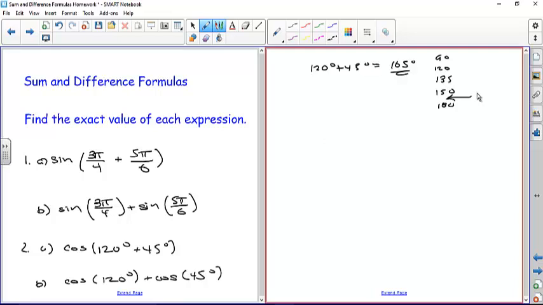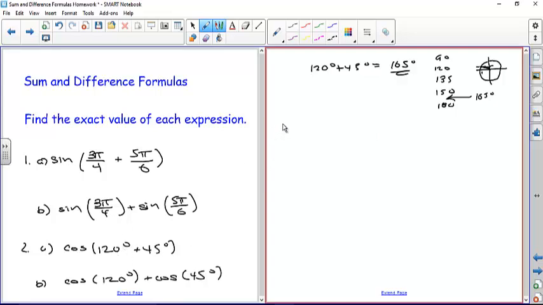Because that's 165. Now, just thinking about it, if I draw my unit circle, 165 is going to be about right there. So the cosine should be negative and the sine should be positive. The cosine should be close to negative 1, and the sine should be small, relatively speaking, less than 1/2. Now here we have the cosine of two angles.